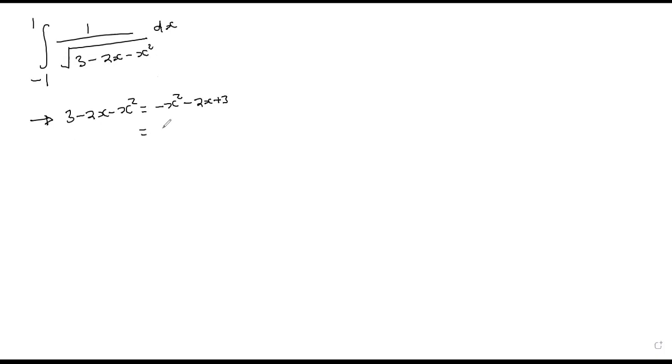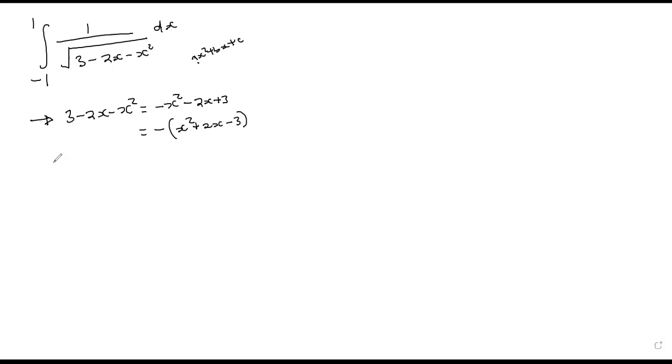Which is the same as, when you factorize out a negative, negative x squared plus 2x, then minus 3. So that I make it without a negative on this degree 2, because if there is a negative, you cannot complete a square with this negative. So we first bring it into the form ax squared plus bx plus c, whereby here we really don't have any negative. That's why I factorized out a negative.